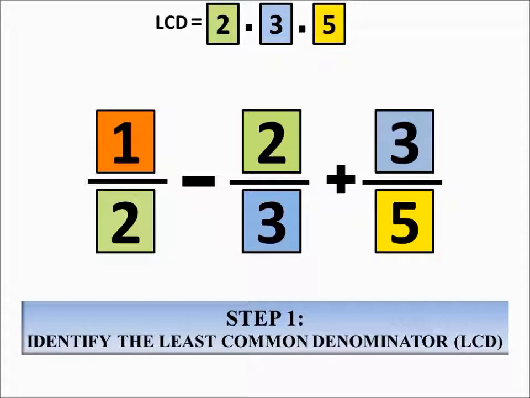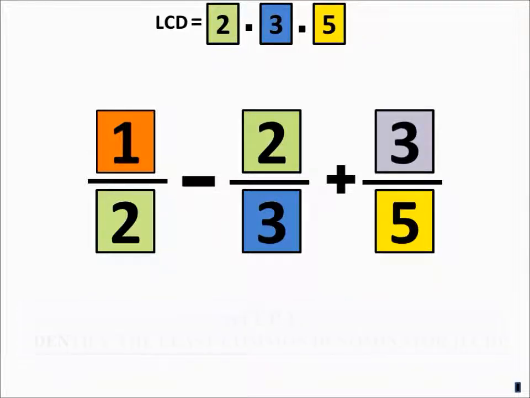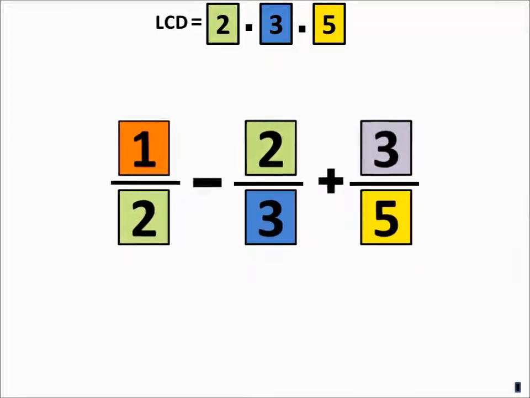For example, the denominator 5 needs to be multiplied by 2 and 3 to get 30. But how can I do this without changing my fractions? The answer is by using a form of 1. That takes us to step number 2.